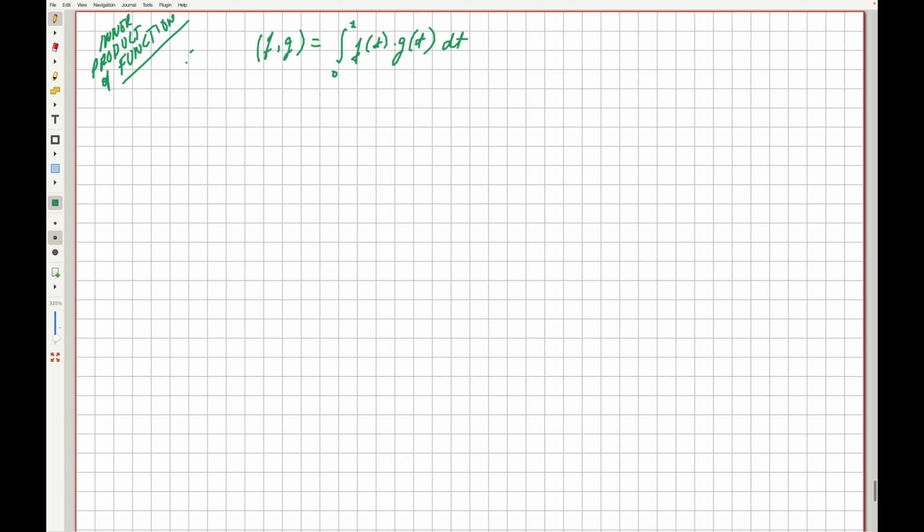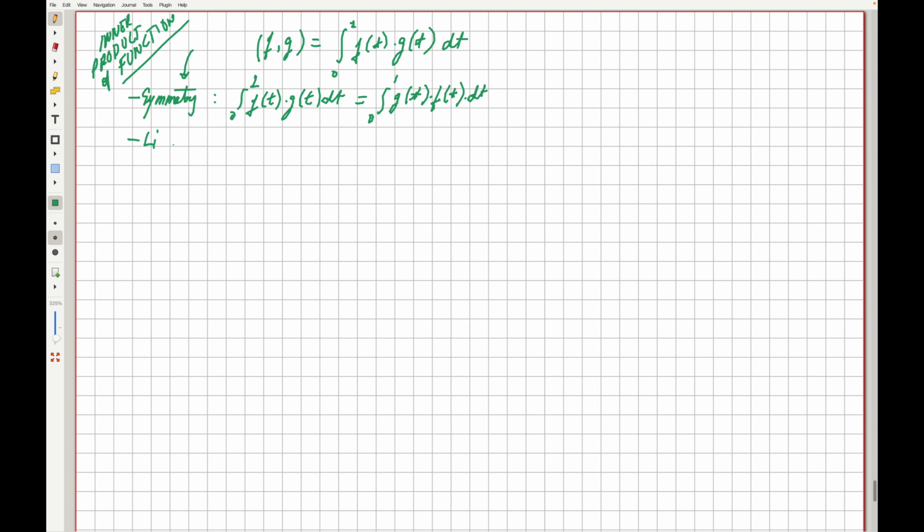The conditions that this needs to satisfy again are symmetry. What this means is the integral of f of t g of t dt needs to be equal to the integral of g of t times f of t dt.